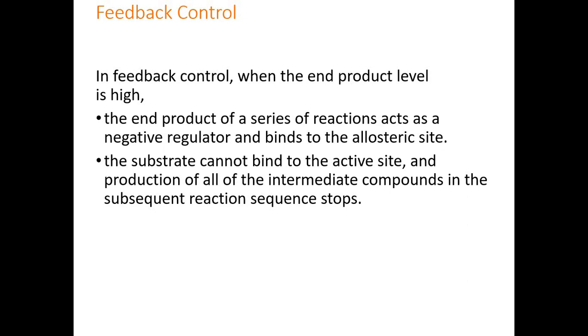And next is feedback control. So in feedback control, when the end product is high, the end product of a series of reactions acts as a negative regulator and binds to the allosteric site. So this is what we call feedback control. Okay, so the substrate cannot bind to the active site, and production of all the intermediate compounds in the subsequent reaction sequence stops.